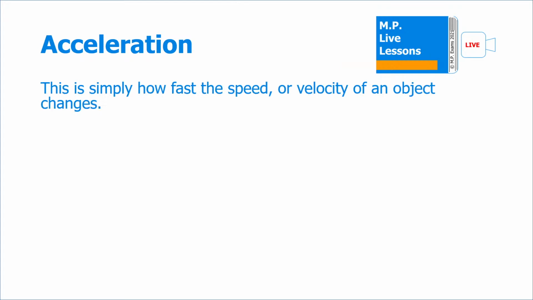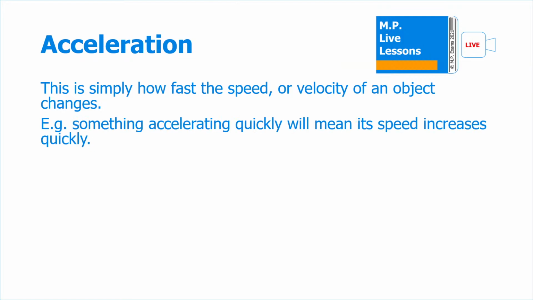Next is acceleration. So this is simply how fast the speed or velocity of an object changes. So for example, something accelerating quickly will mean its speed increases but very quickly. Now, acceleration is usually calculated by the change in velocity, so its final one minus your initial one divided by the time.